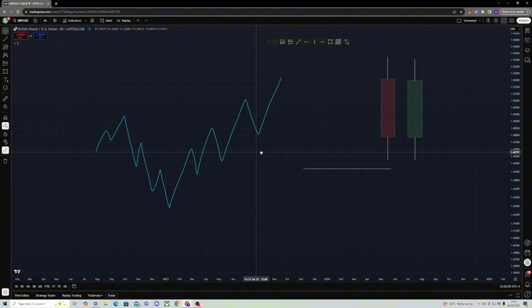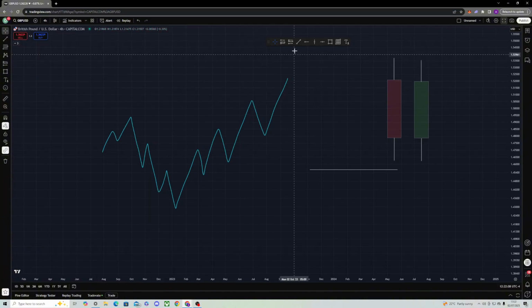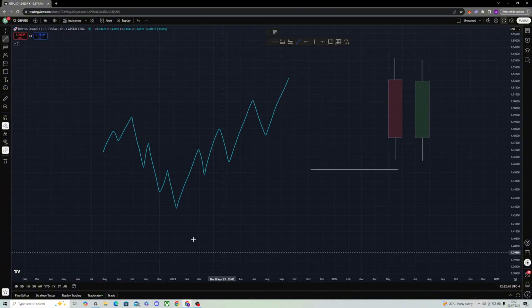So on a chart, I'm sure you recognize this, you have things called lower highs and lower lows, higher highs and higher lows. Now you also have downtrends. This is a downtrend where price is coming lower, making lower lows, lower highs, lower lows, lower highs, lower lows.